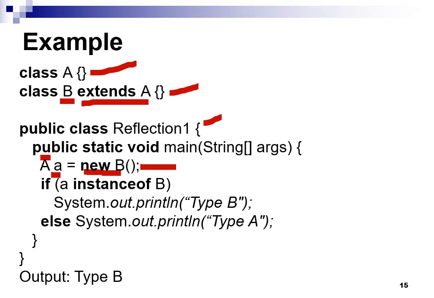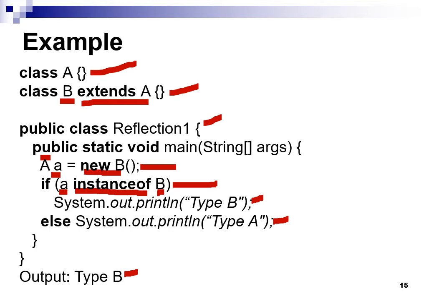And then we are asking whether a is an instance of B. That's how the instanceof operator is used. The operator will tell me if a is compatible with B at runtime, and if it is, we print type B, otherwise we print type A. In the output, it prints type B because it's compatible at runtime: a is an instance of B.